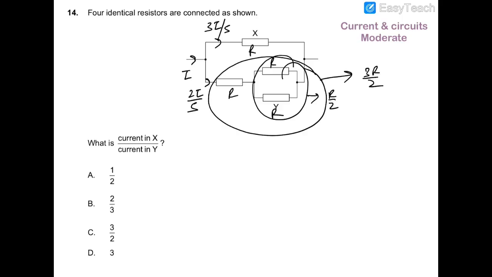Then this current will be divided into two equal parts, so it would be I/5 and I/5. So the current in X upon current in Y will be 3. So the correct answer will be 3. You are dividing this with this, so it would be 3. Now let us move on to the next question.